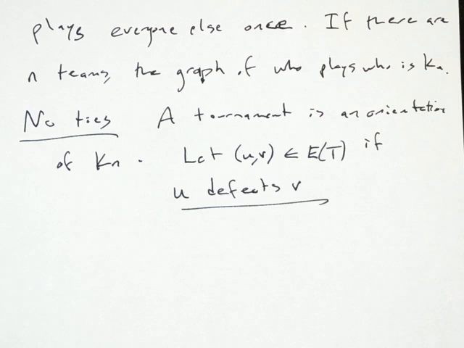I can't go from U to V and go from V to U. Well, that makes sense if I'm not allowed to tie, and I'm only going to put an arc if U defeats V. So a complete orientation, every edge in the undirected graph K_n now gets an arrow. And no other multiple edges are built in. So I can't make any sort of cycle between two vertices.